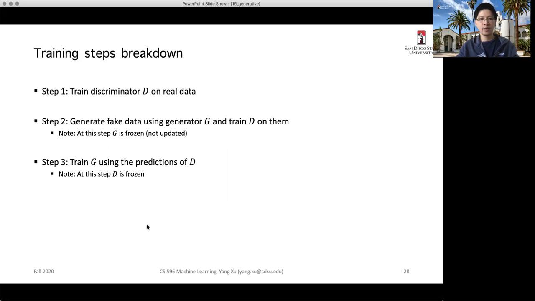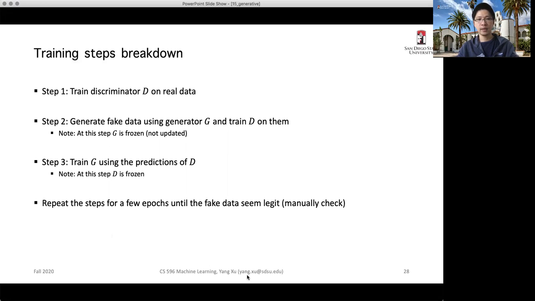When we train the discriminator, the generator is frozen, and when we train the generator, the discriminator is frozen.